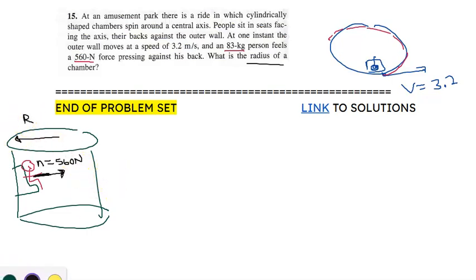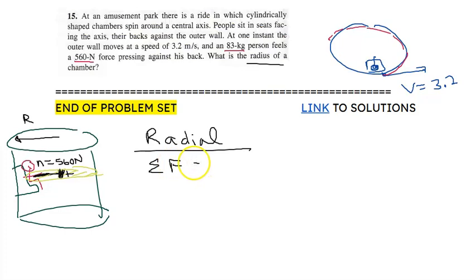So again, visualize the circle that the person is going in. You can see that the normal force is pointing towards the center of the circle. So in our radial column, you always have the sum of the forces equals mv squared over r. And the only force pushing that person in, like the racquetball and the hula hoop, is the normal force.